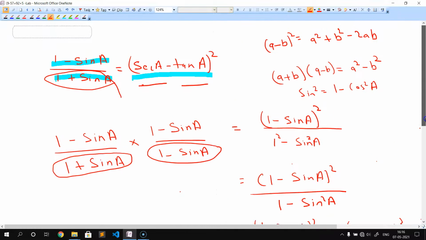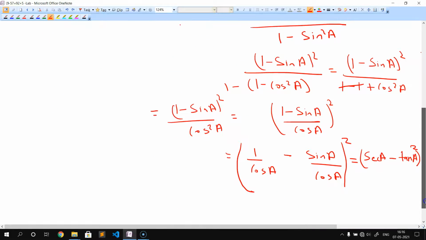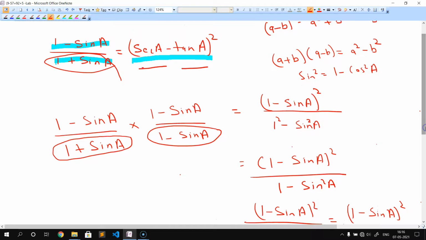So I think that's what we have to prove. (Sec A minus tan A) whole square.